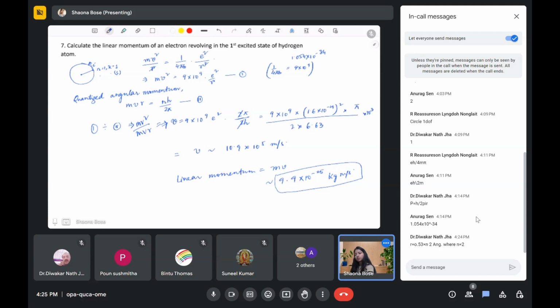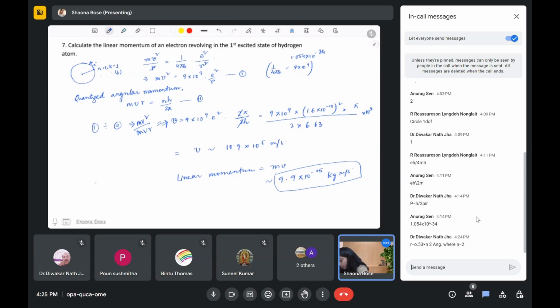Okay, Dr. Jha, I will see to that, and I'll edit my answer accordingly and upload it in the materials that are circulated. Okay, I'll just write that down. I'll try to include this. Okay.